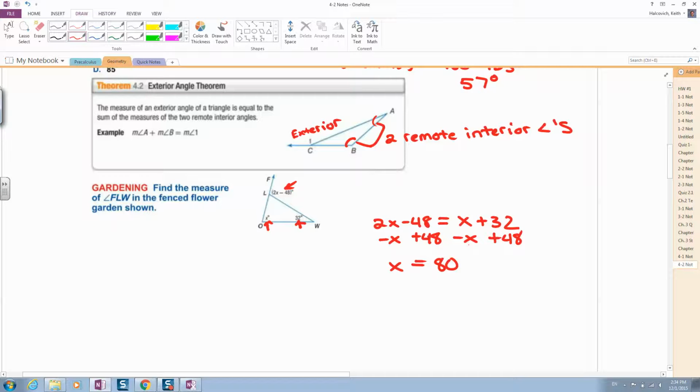So that means x is 80. So angle FLW is equal to 2 times 80 minus 48. So that's 160 minus 48, which is 112.